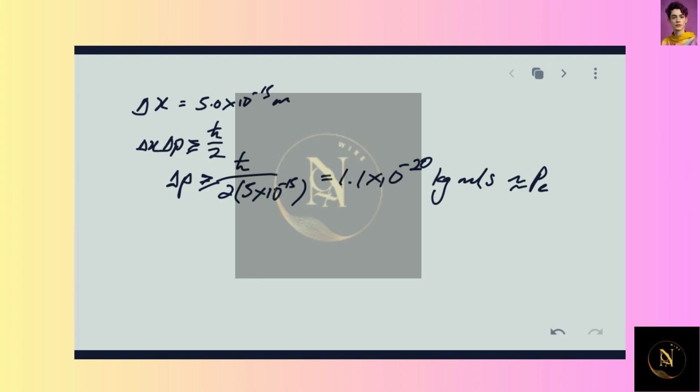Now we can find the kinetic energy of the electron that is confined with this amount of momentum. The kinetic energy is just the total energy minus the rest energy. In this case, for the total energy we have to use the relativistic equation, that is the square root of p squared c squared plus m squared c to the fourth, minus the rest energy.